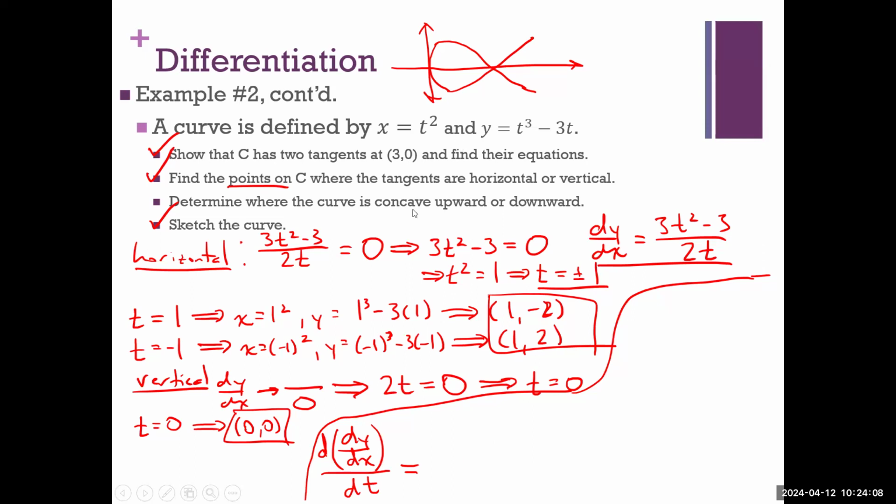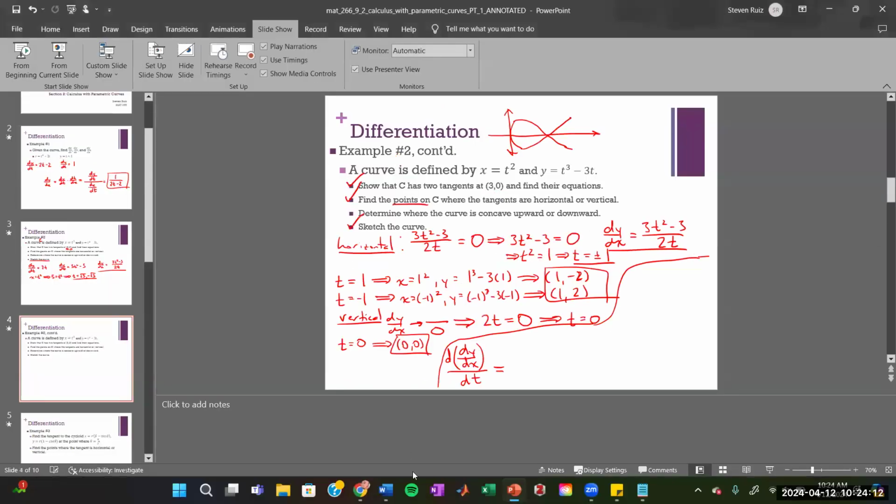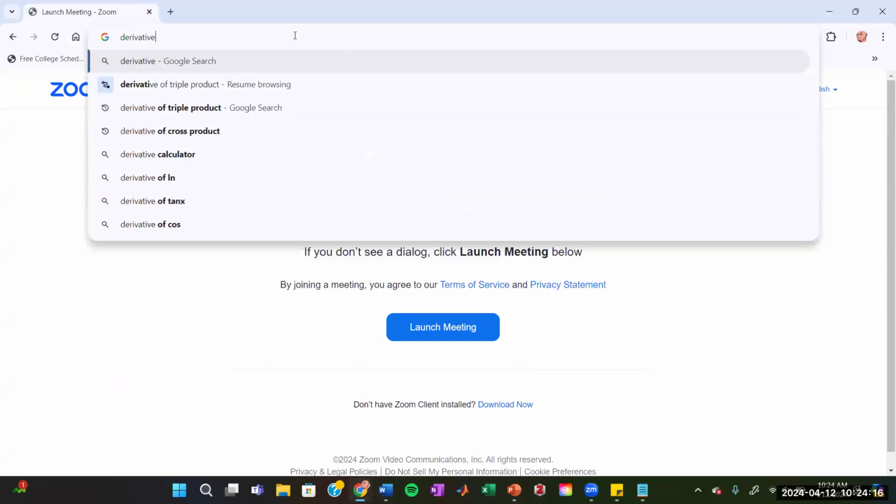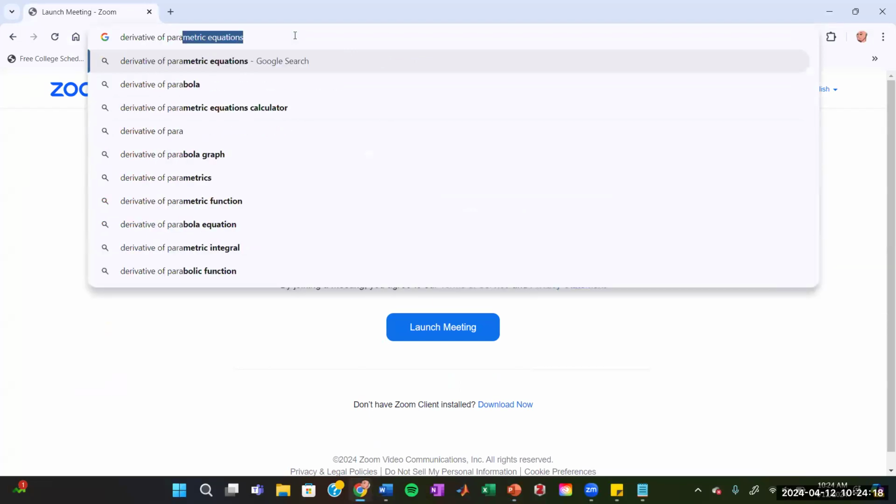Rather than make a new slide or try to jam all this in this little margin, let's cheat. I don't care about the first derivative, I care about the second.